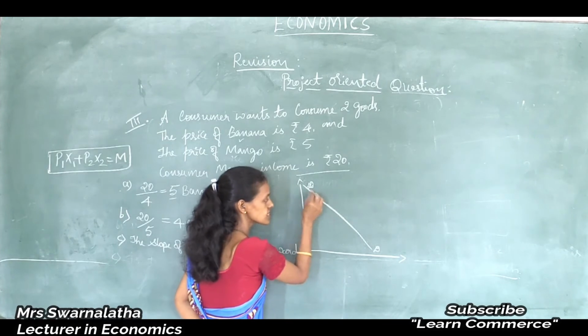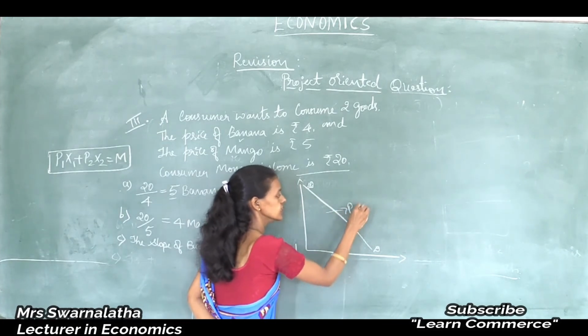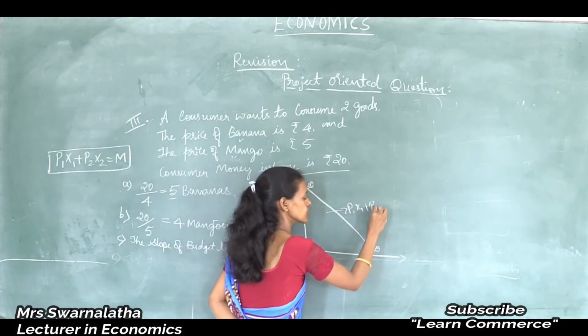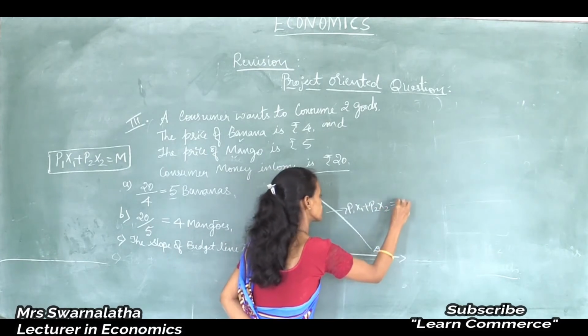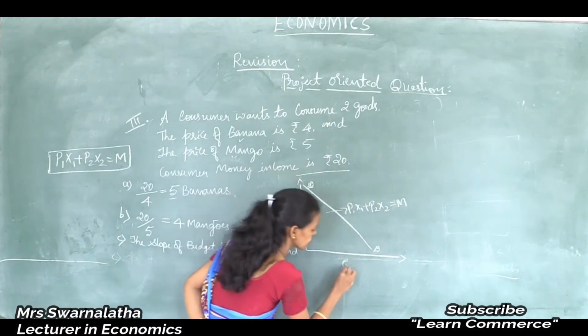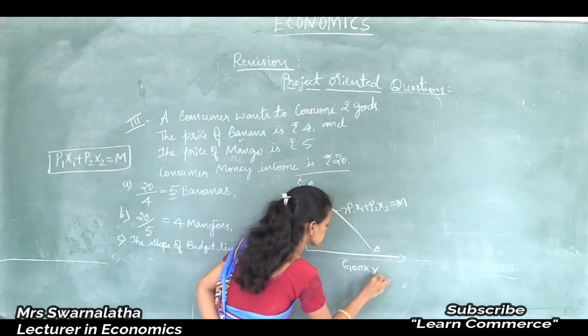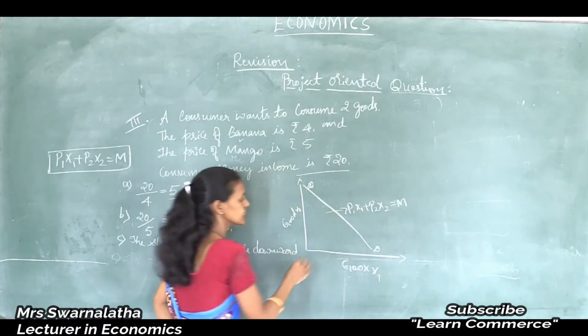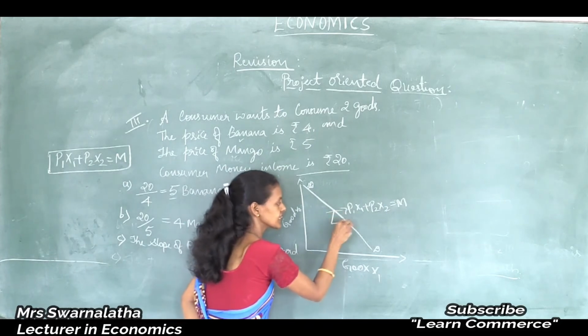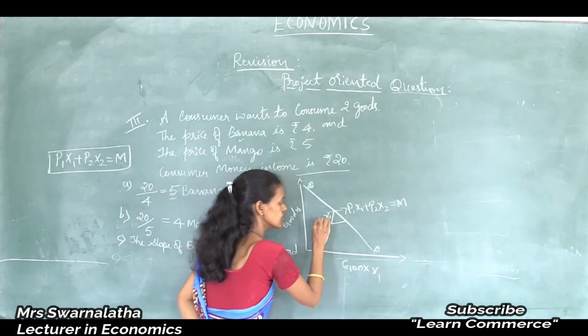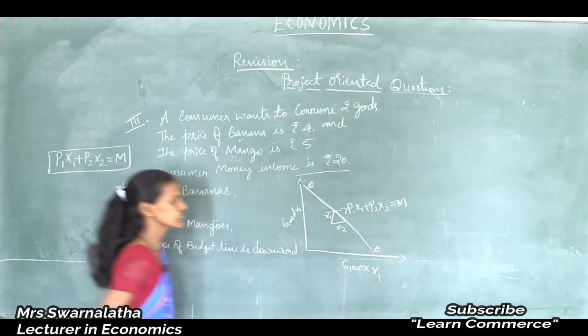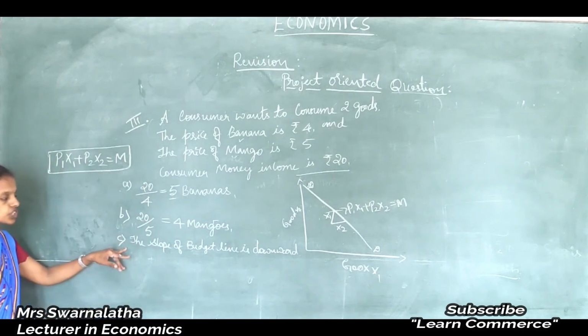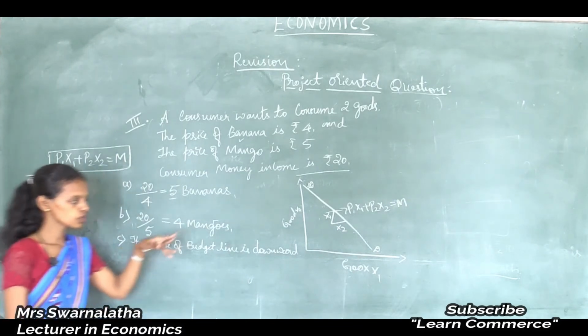This is the budget line, P1 x1 plus P2 x2 is equal to M. Whatever goods X1 and X2 you are going to consume depends upon the money income of a consumer. The third question, what is the slope of budget line?